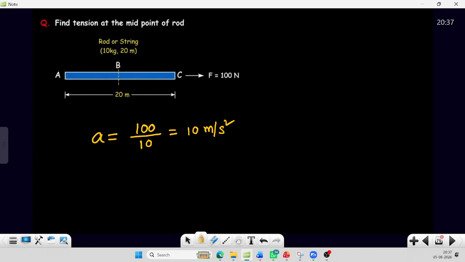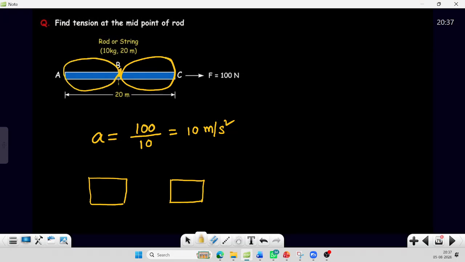Mass is there. So what I can do is, at the midpoint they ask me to find, I'm treating this as a combination of two blocks. Imagine this is one block and this is another block. This is the midpoint. This part I'm calling the first block, and this part the second block.